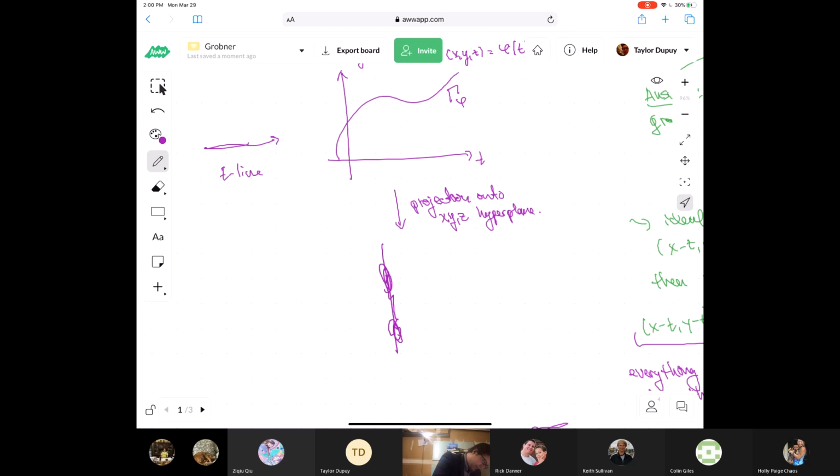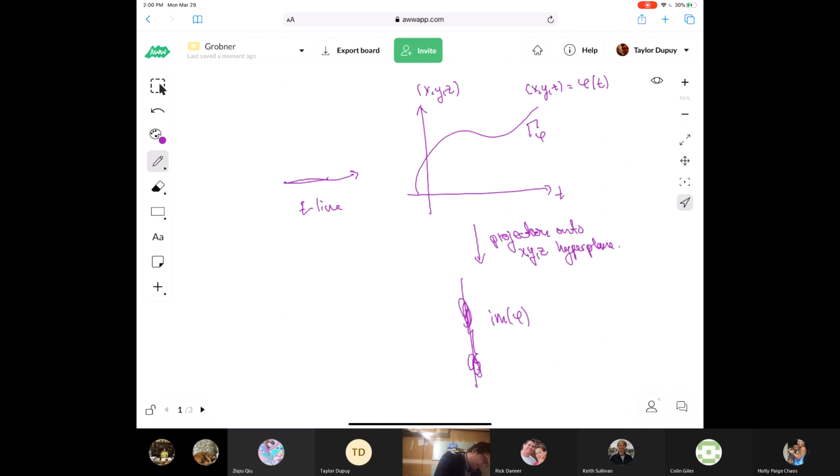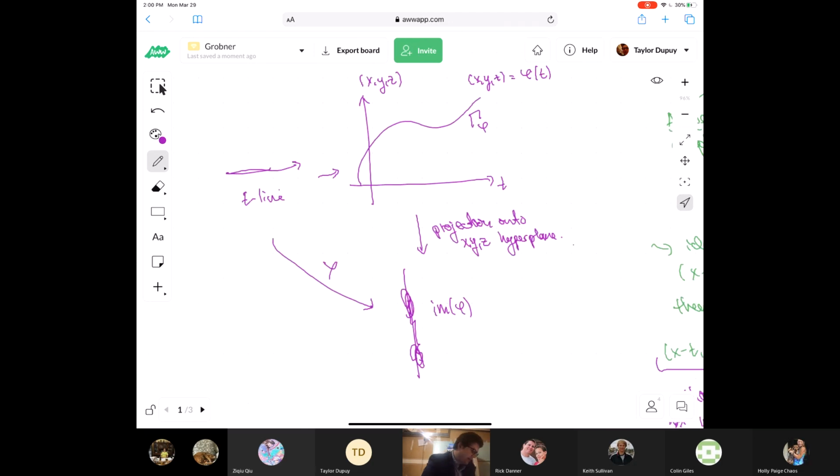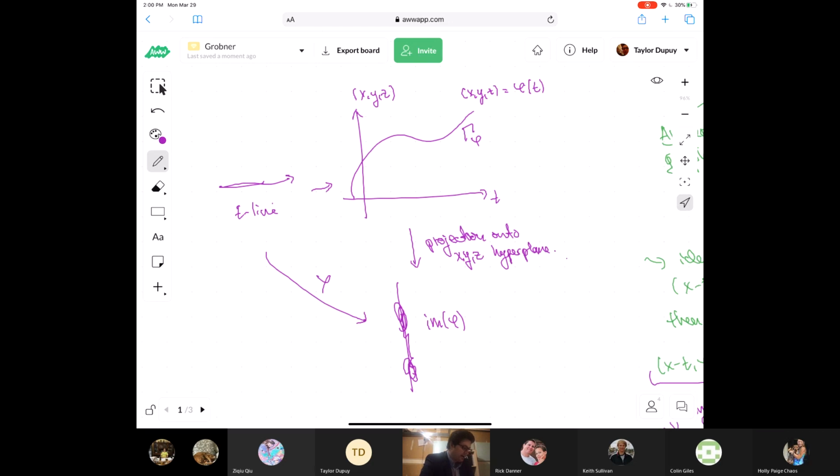And so this is the image of phi. There's this map that goes from this into the graph, and then you project down, and that would be the same thing as just taking phi. I don't know if this is helpful or not, but every map factors through its graph, and if you eliminate variables, that's the same thing as a projection map. So this whole process of eliminating is projection.